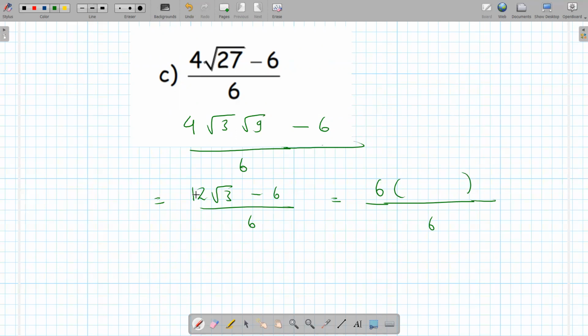So you can pull out a 6 from both of them. 6 times 2 is 12, and then you want the square root of 3, minus what? 6 times something is 6, so 6 times 1. There we go. And then these two cancel out, and the final answer has no denominator.